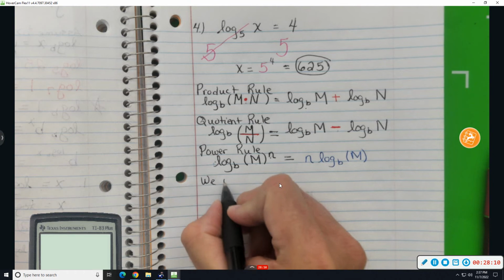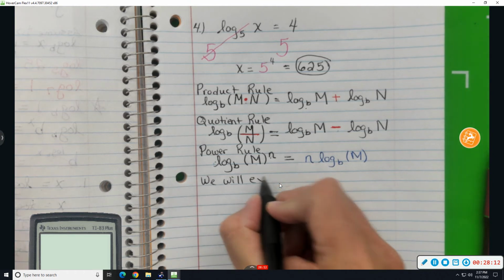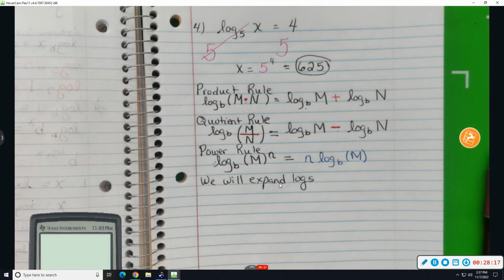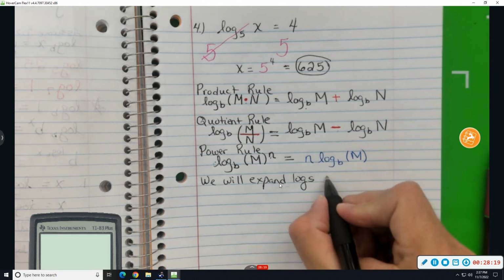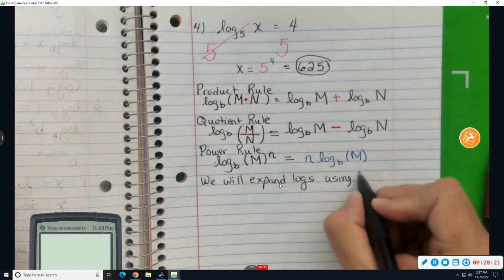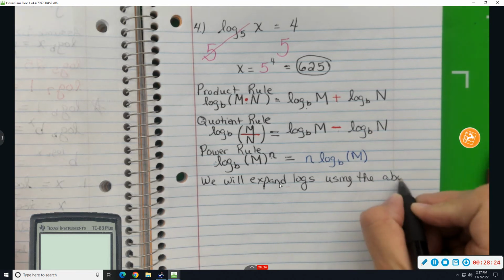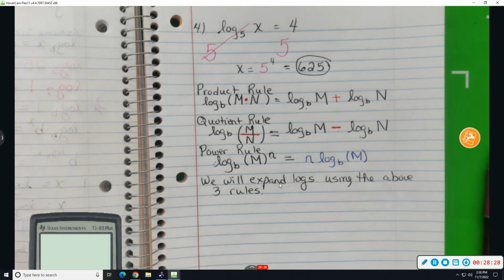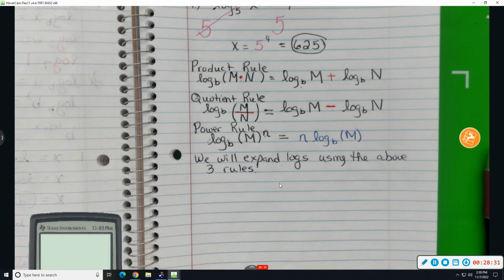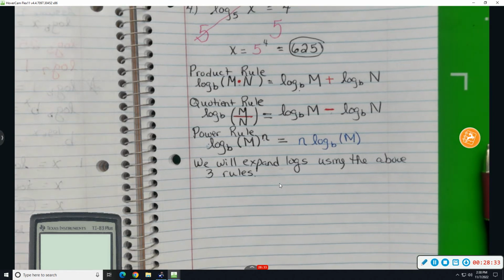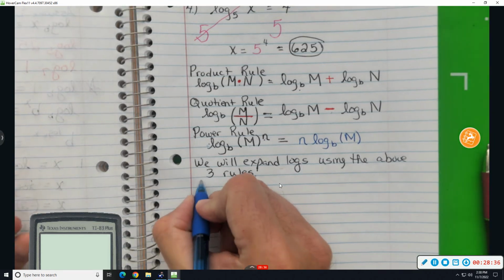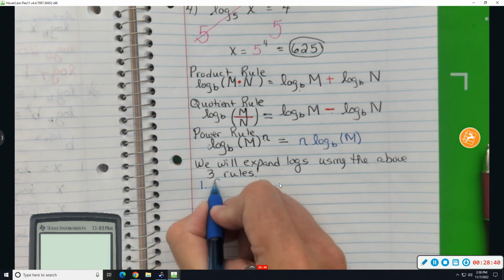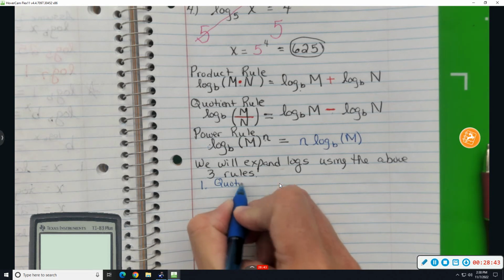We will expand logs using the above three rules. And here's the order that we're going to go in. It's going to be a 4-step process. We'll use the quotient rule first.